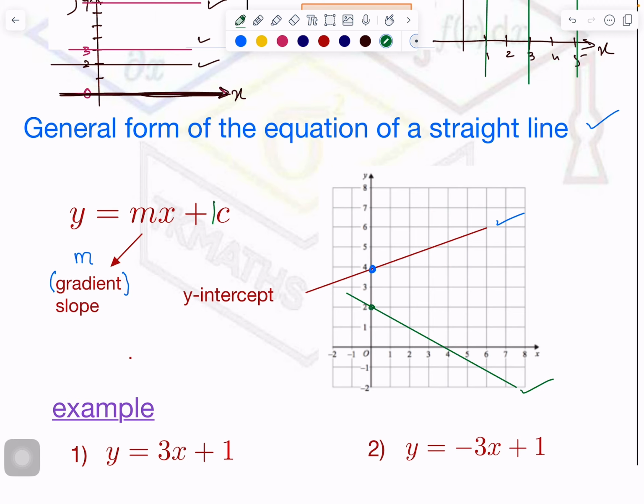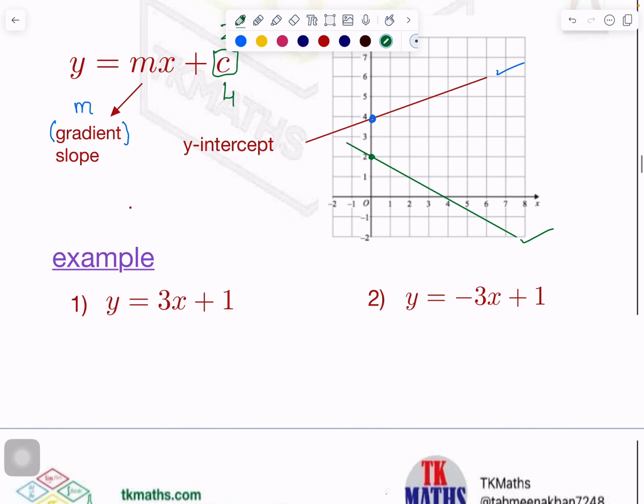So this place is 2 for the green line and this place is 4 for the red line. In this one, if I ask you the y-intercept, you will say 1. It means when you draw the line, it will pass through 1 on the y-axis.